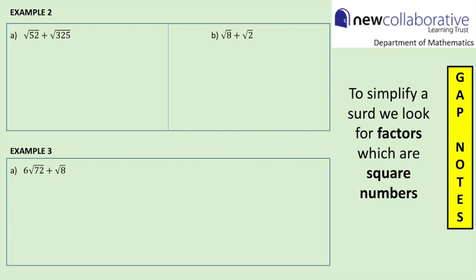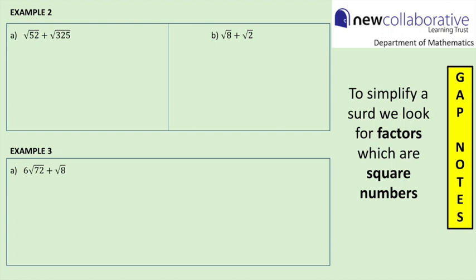In these examples, we have some expressions involving the addition of surds, and we're going to simplify these. So in part A, using the same method that we used in example 1, we can simplify the square root of 52 and the square root of 325 individually.